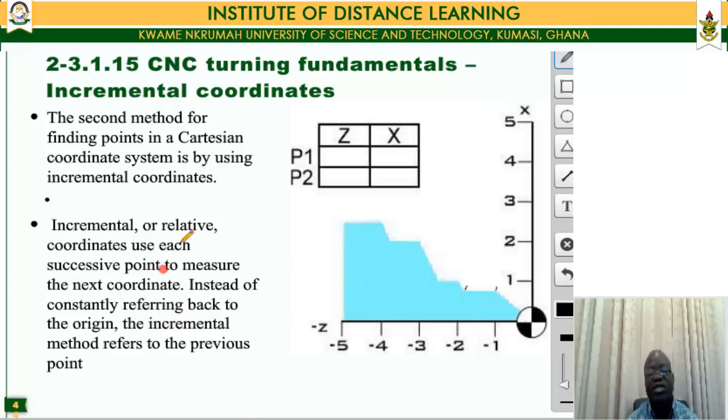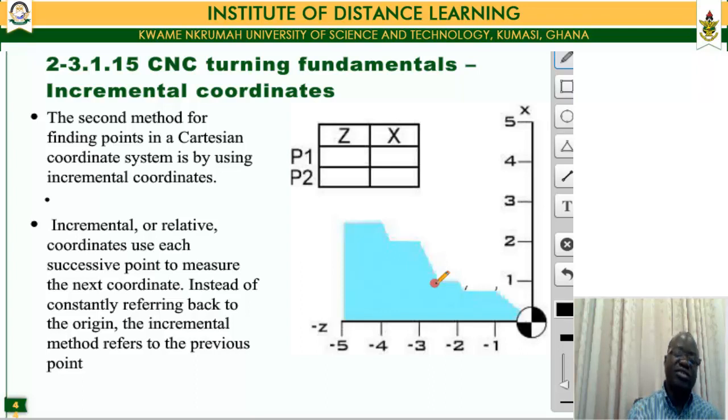So we say that incremental relative coordinates use each successive point to measure the next coordinate instead of constantly referring back to the origin. The incremental system offers a good opportunity to program from one point, and then the next point will depend on the previous point. At this level, you may not appreciate that, but the incremental coordinate system is important when you have a very complex part that you are programming.